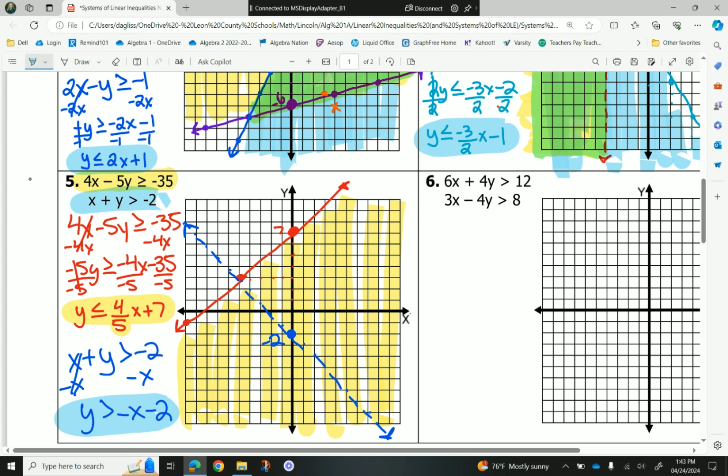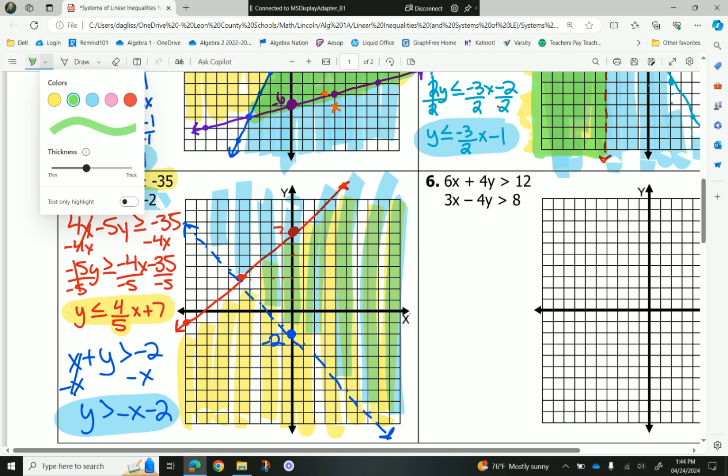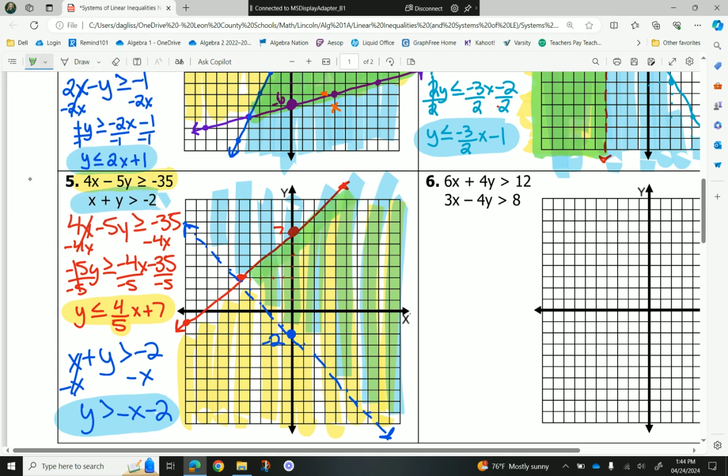We're going to go above. So find that negative 2. We're going up. So everything above my blue line. Yeah, blue is dashed. Red is solid. So our region, again, it's this little triangle on the right side.